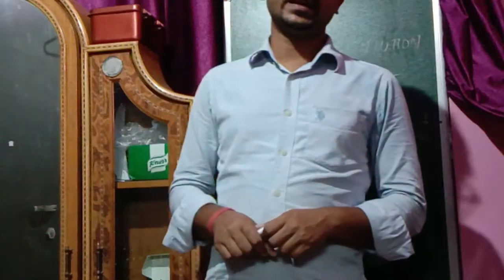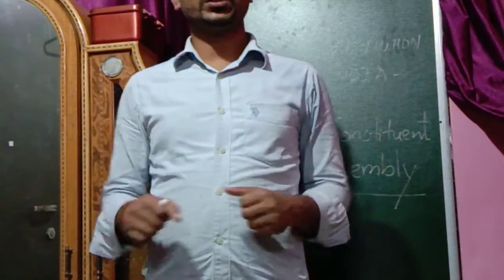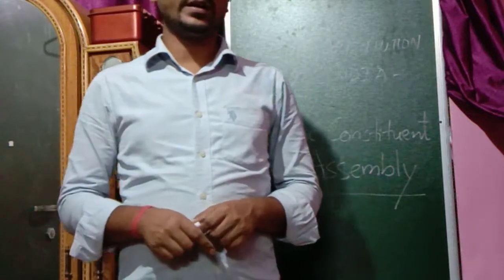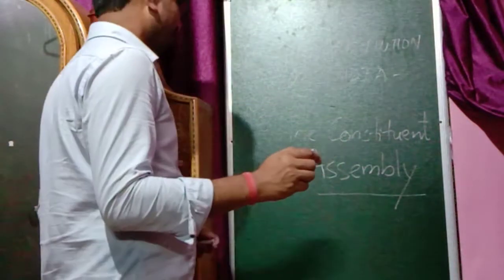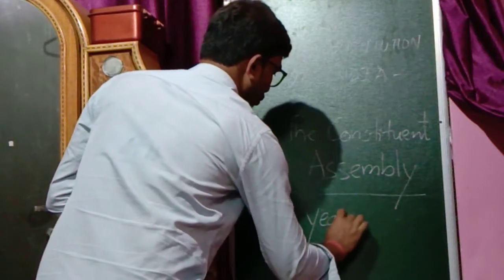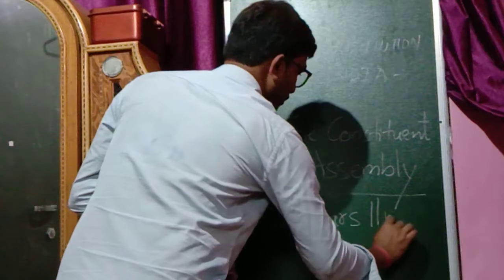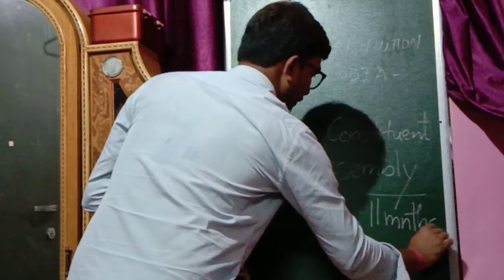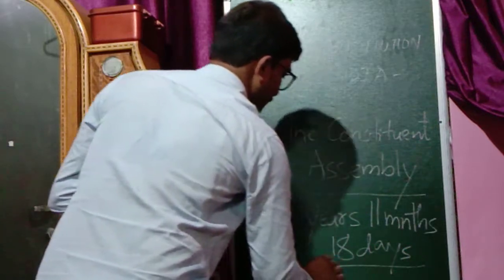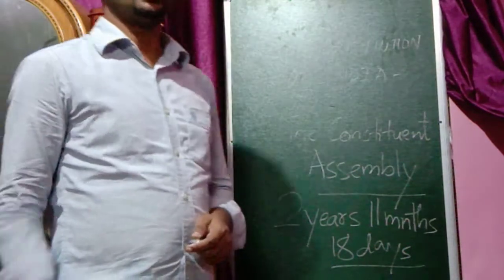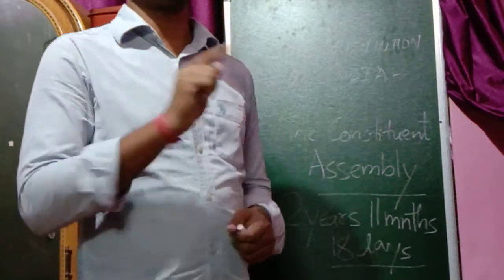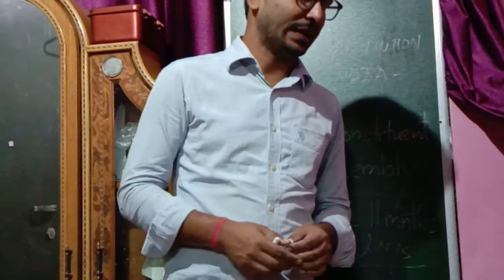After a long period of hard work that they all did, it is stated that it took about 2 years, 11 months and 18 days to frame the Constitution of India.